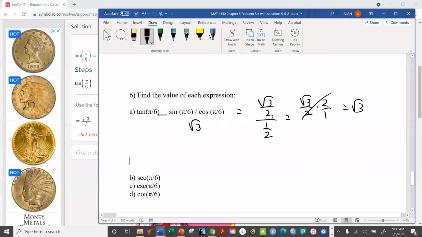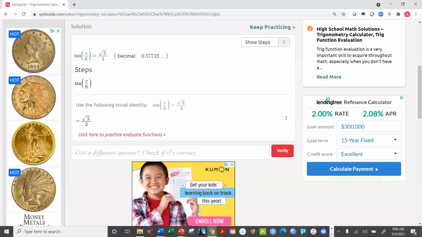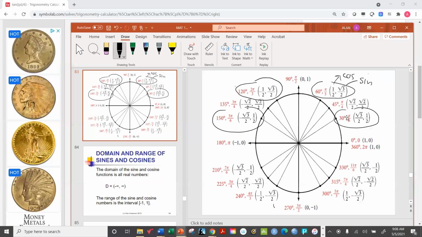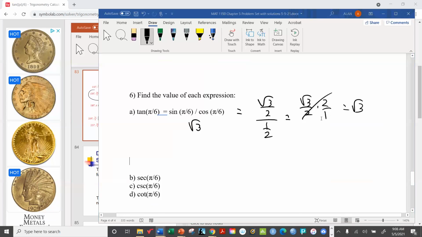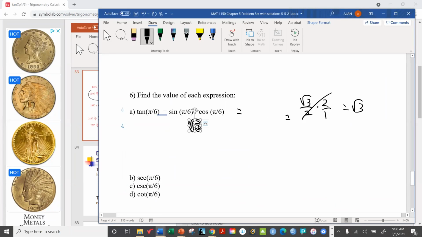Did we do this wrong? It's definitely sine over cosine, and we look at the unit circle. Did I copy the wrong one? Oh, I copied the wrong one. No wonder. Okay, sorry, I realized now I copied the wrong one. Yep, that's what I did.